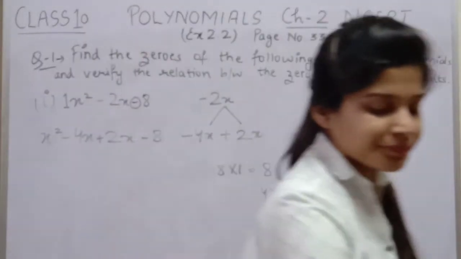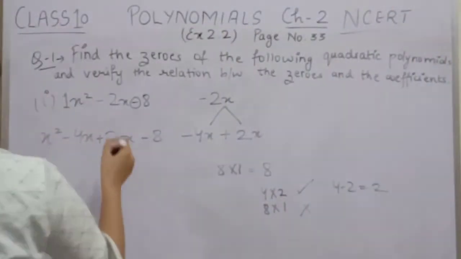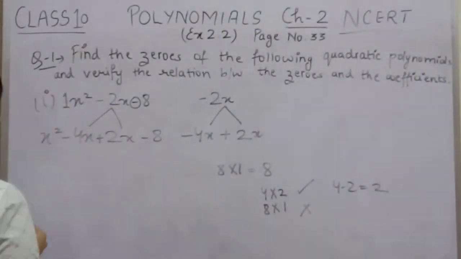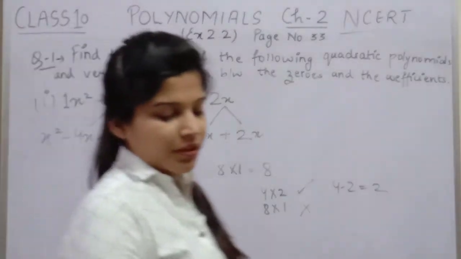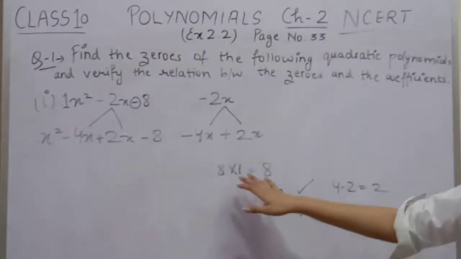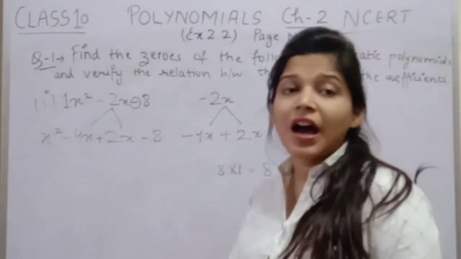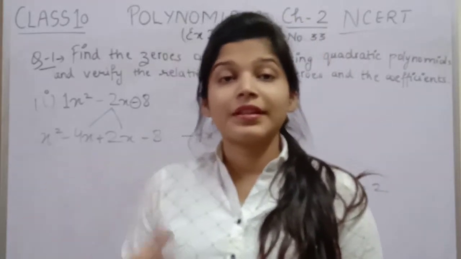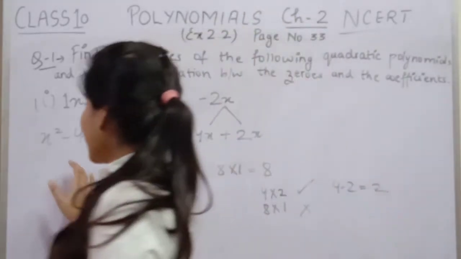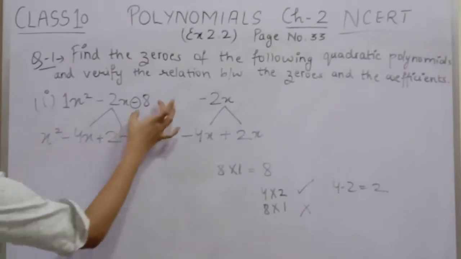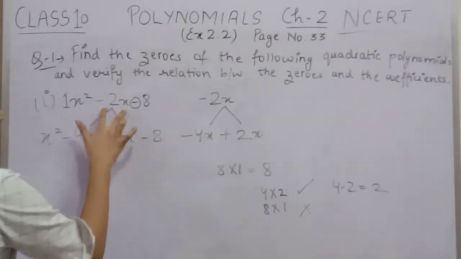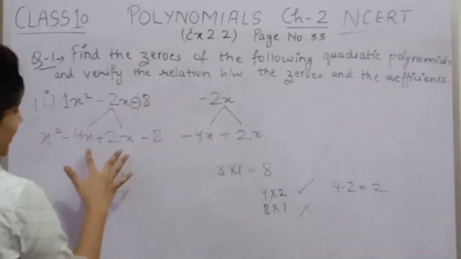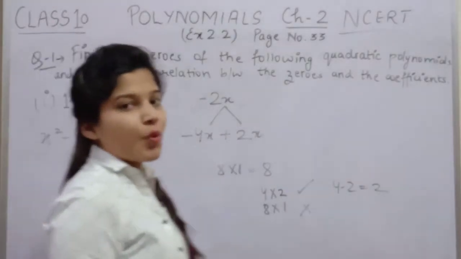So minus 2x को हमने split कर दिया minus 4x plus 2x में. Right? So this is middle term splitting. We are practicing this from class 8, right? तो ये x square as it is आएगा, माइनस 8 as it is आएगा.